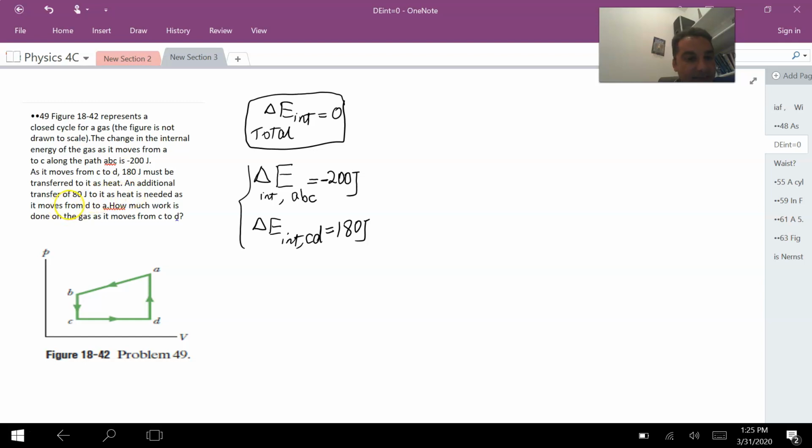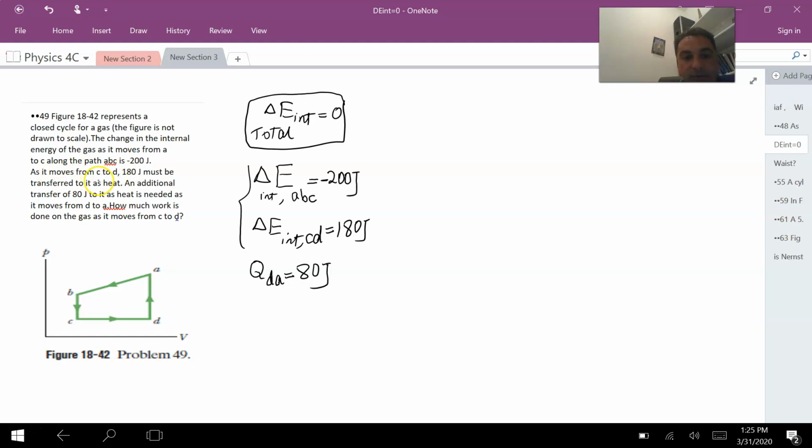An additional transfer of 80 joules to it as heat is needed as it moves from D to A. So Q in DA is 80 joules. Let me read this section.